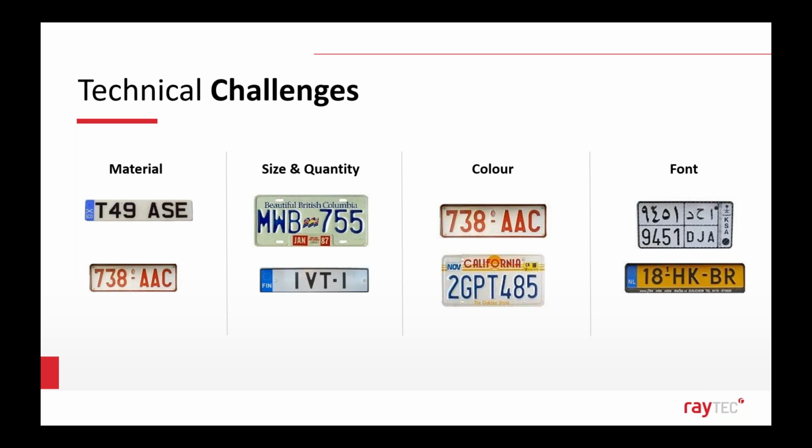So mainly around which wavelength you might want to use. So for example, those Belgian plates with red lettering on a white background, the red lettering can reflect infrared well enough so that there isn't enough contrast for the analytics to accurately read.